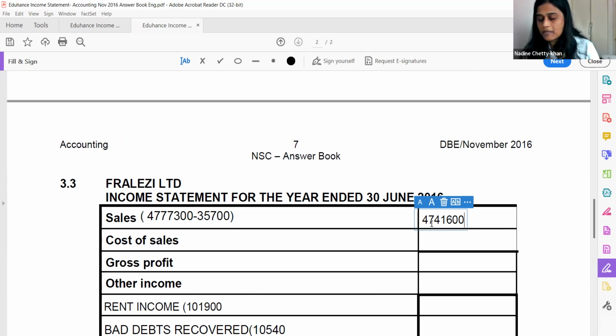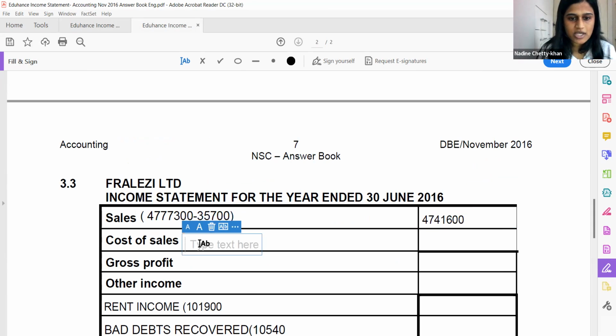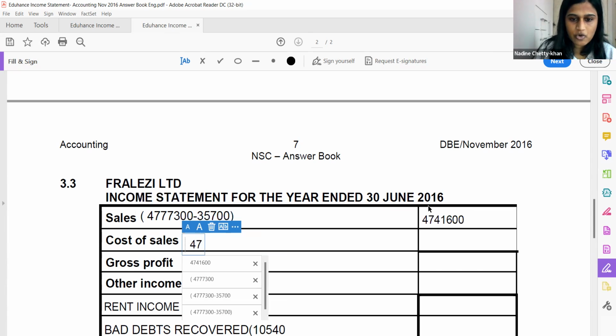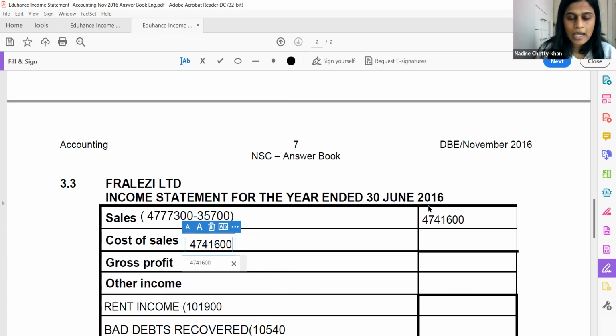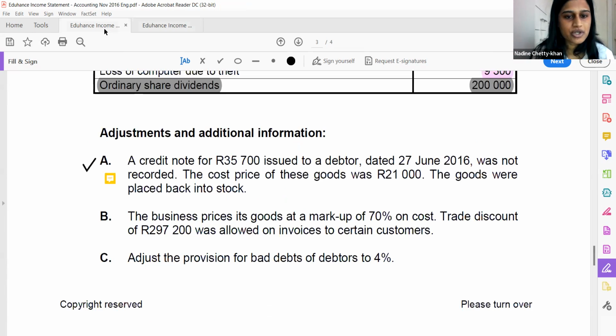If you just add that up, it should give you 4,741,600. So cost of sales will be based on the sales amount, 4,741,600. But remember, when we do a markup, we do it on total sales. So we must now add back that trade discount of 297,200.